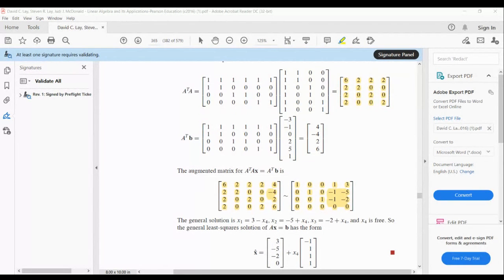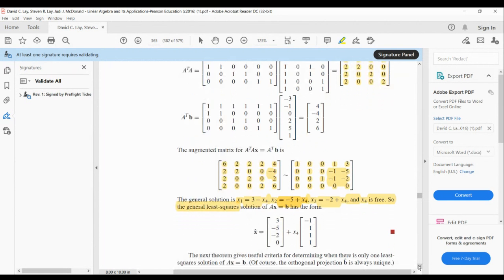And it turns out that we have what I might call a little bit of chaos, because we have some free variables here. x4 is free, and you solve for x1, x2, and x3. Okay, and you get your least squares solution here.